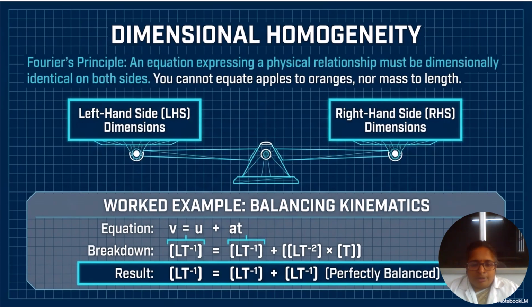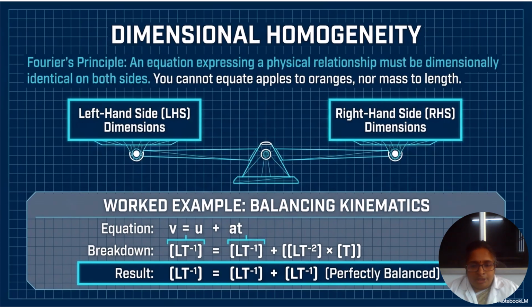For example, here we can see the worked out example of the equation V equals U plus AT. V is the final velocity, which as we have seen in the previous slide is L T power minus 1, meter per second, and it should equal the right hand side dimensions.